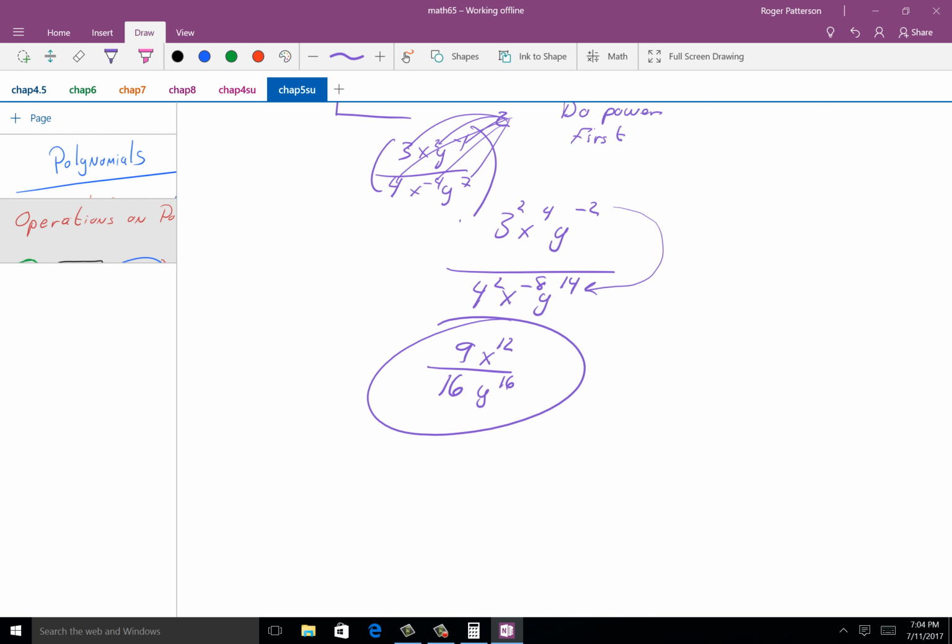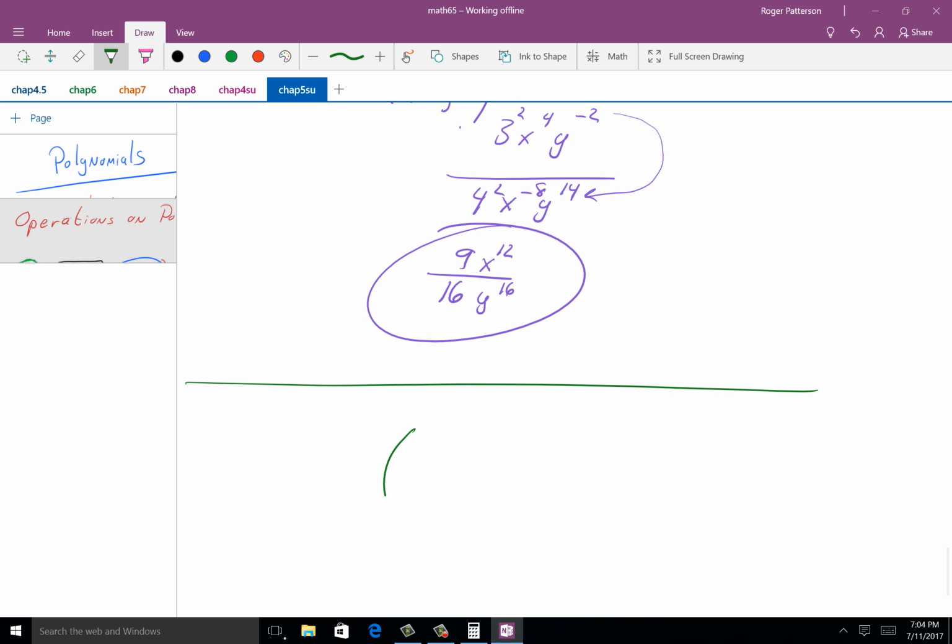Now we'll go to, let's do our last real complicated one here. I'm going to do one like this, where we have x to the 3rd and an x to the 2nd, and this is to the negative 4 power.